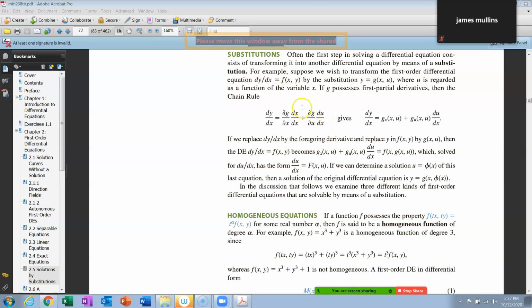Now, this in partial notation, which you may not have gotten to yet, I know you haven't in Cal 3, I don't think you've hit it otherwise, is written as g sub x.